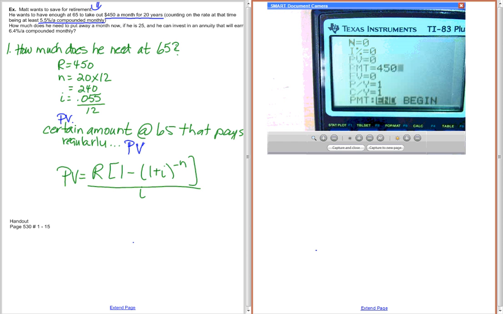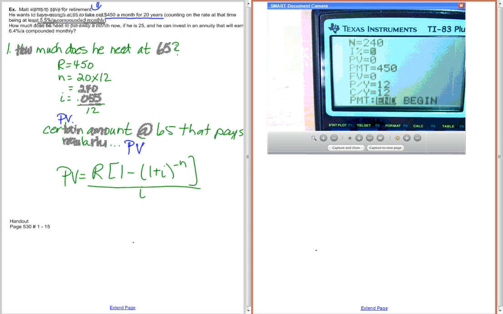The amount of time that he wants to be able to take these regular payments is for 20 years, and he wants to do it monthly. He's going to be paid and to have it compounded monthly, so both of those are 12s. The future value, when he's all done at 85, he'll be in a home and he'll be cared for by his children, so that future value will be 0. It's the present value that we need to find.